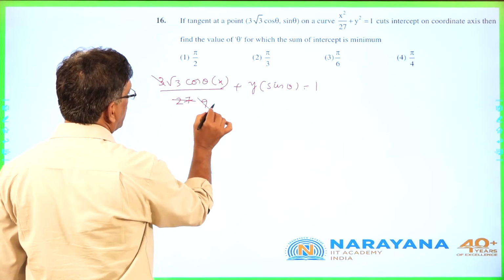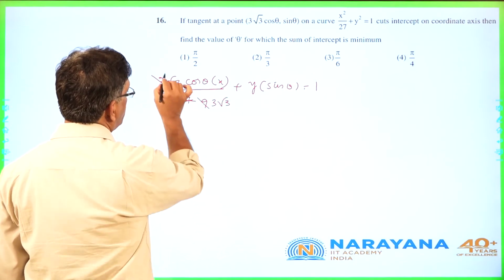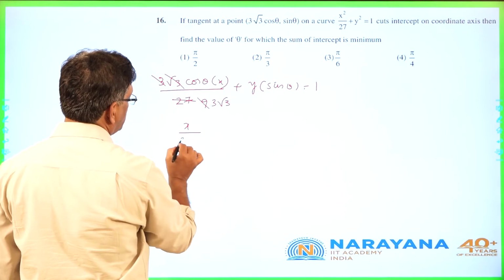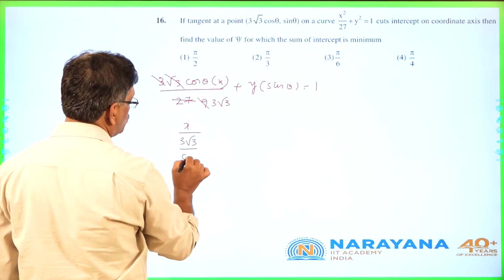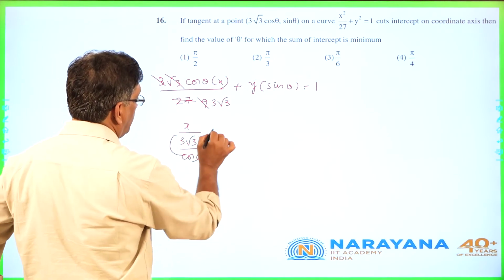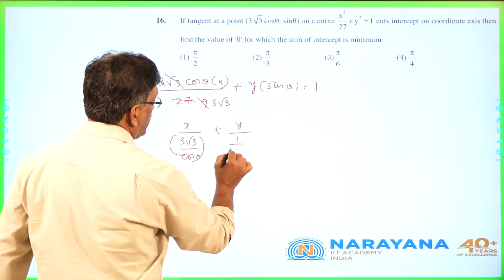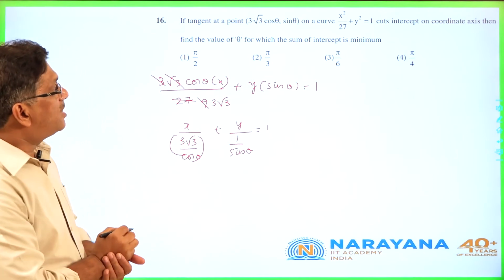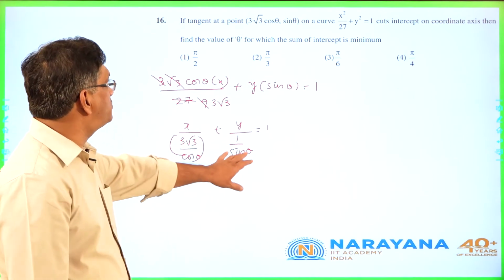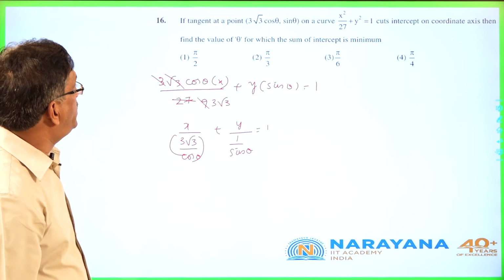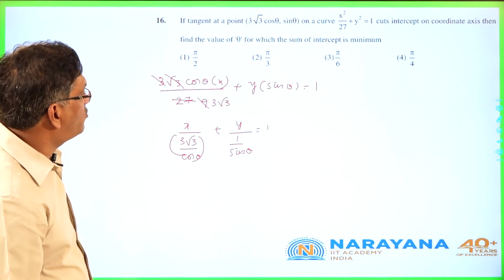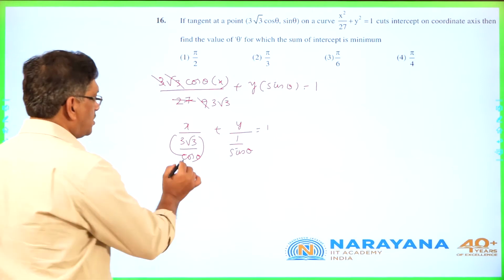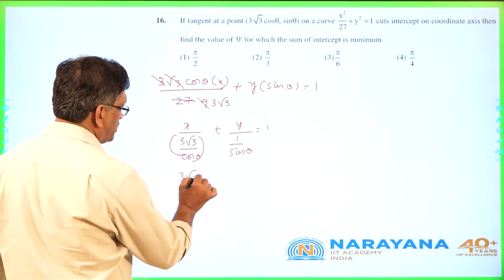This 9 you can write it as 3 root 3 can be cancelled. It is x by 3 root 3 by cos theta plus y by 1 by sin theta equals to 1. Cuts intercepts. This is x intercept. This is y intercept. Right? Find the value of theta for which sum of the intercepts.